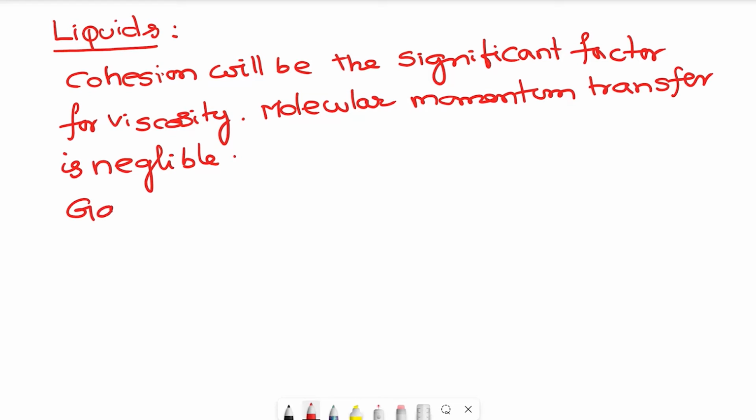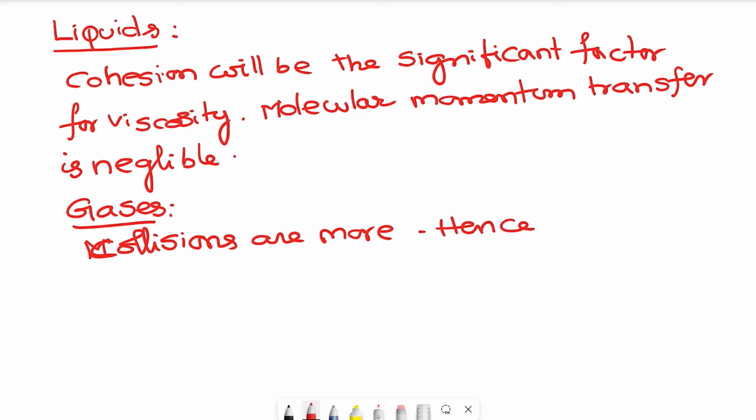Coming to gases, here, because of the large spacing between molecules, the continuous agitation of these molecules increases the collisions. In gases, the collisions are more.